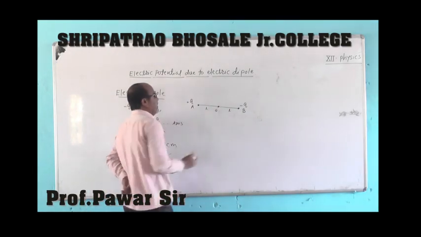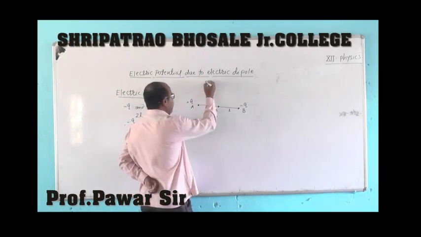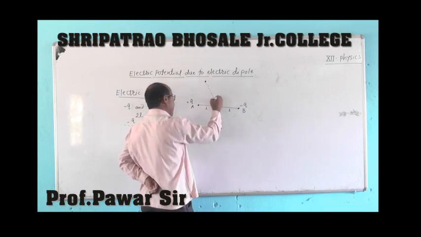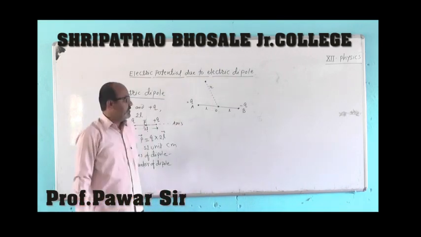We have to find electric potential due to both charges. So consider a point P at some distance r from the center of the dipole.